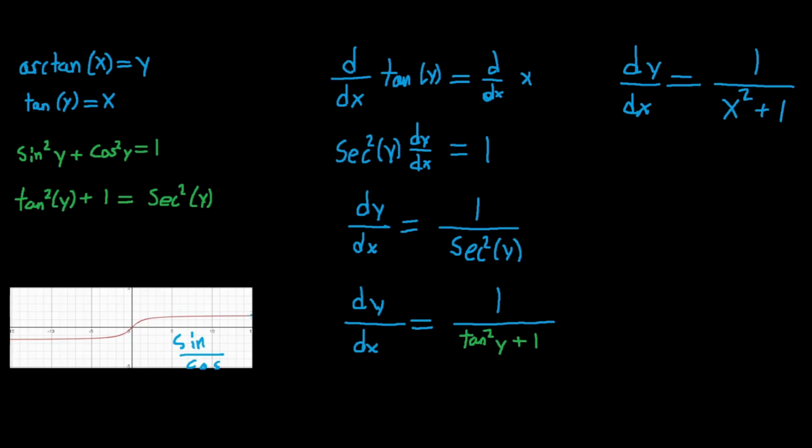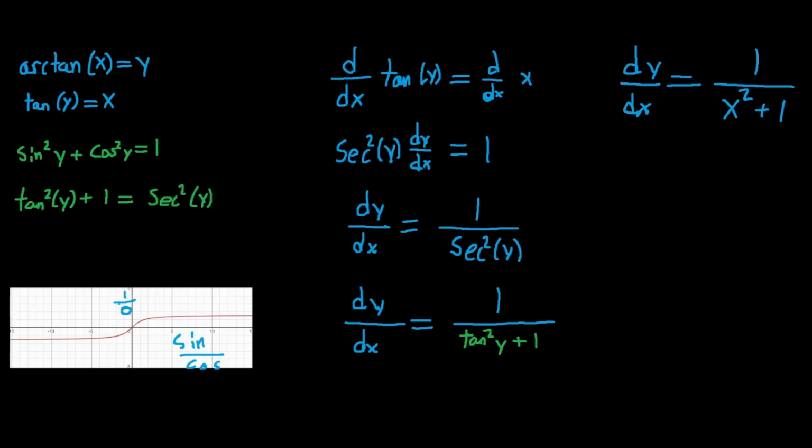And in a way, we could say that if x is approaching infinity of arctangent of x, then that means that, if we look up here, if arctangent of infinity is equal to y, then tangent of y is equal to infinity. So we'd be solving for some angle here. And the only angle where we'd be approaching some infinity value with tangent is going to be pi over 2, for example. There's more than that, but pi over 2.